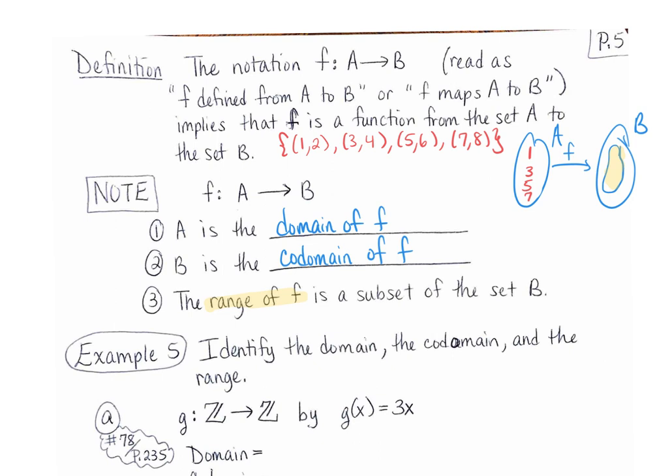Your range, in this case, is what? 2, 4, 6, and 8. Okay? So notice that over here, I just put that in this set B because all I gave you was 4 ordered pairs for the set.